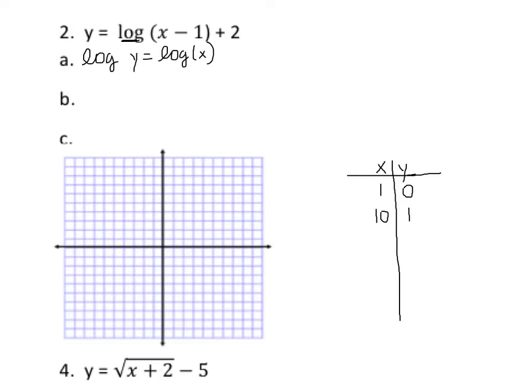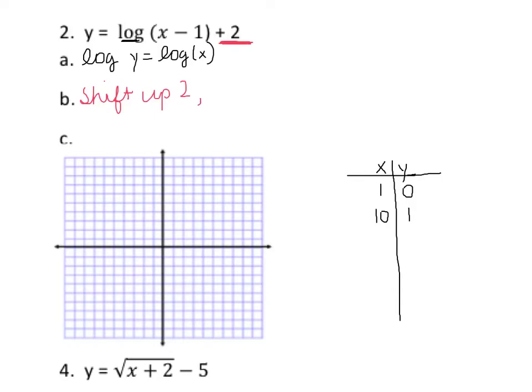Okay, so for the log parent function, we only have 2 key points, so I've put them in this t-chart. And now let's talk about what's happening to this particular function of the log parent function. So we've got the plus 2 on the end of the parent function, so that means it is going to shift up 2.